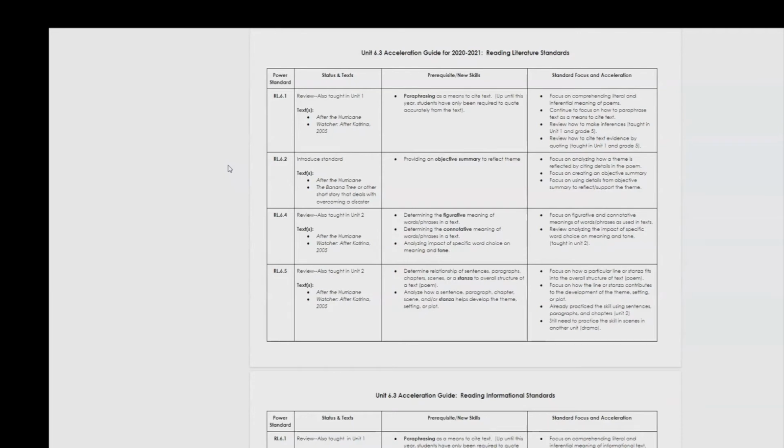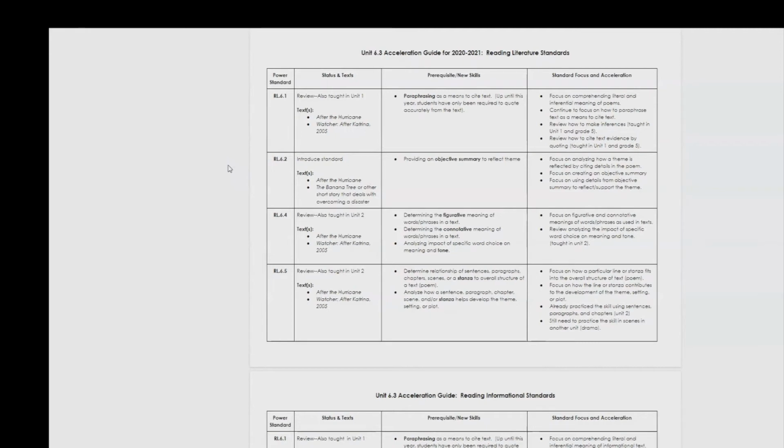Let's look at the example on the screen. This document begins by listing the power standard RL 6.1. It reminds teachers that this standard or part of this standard was already taught in Unit 1, and teachers know that they taught this in conjunction with short stories.